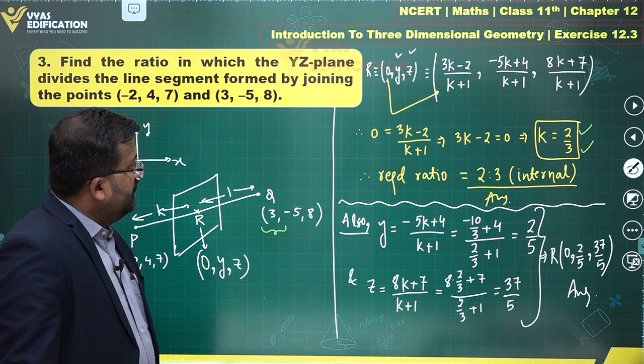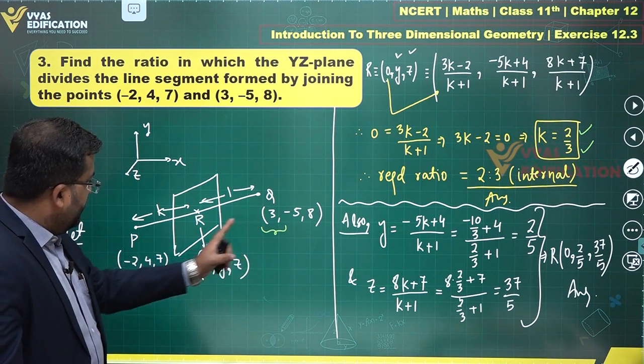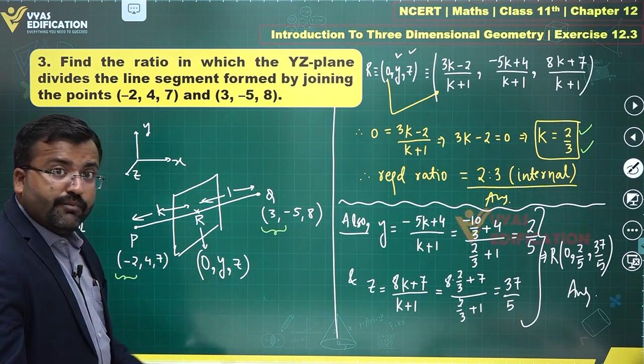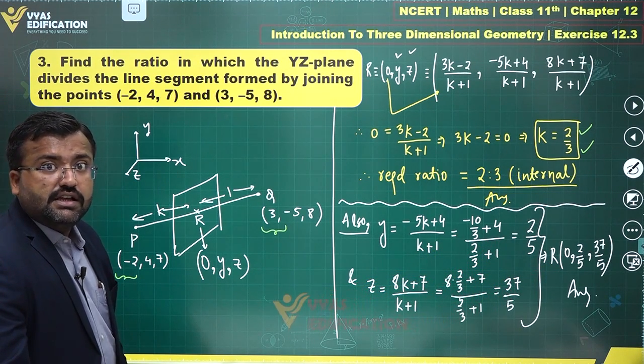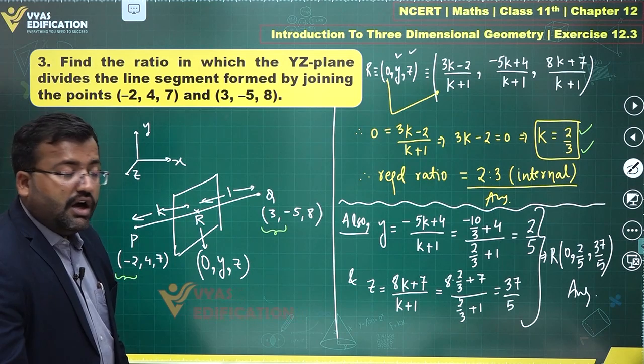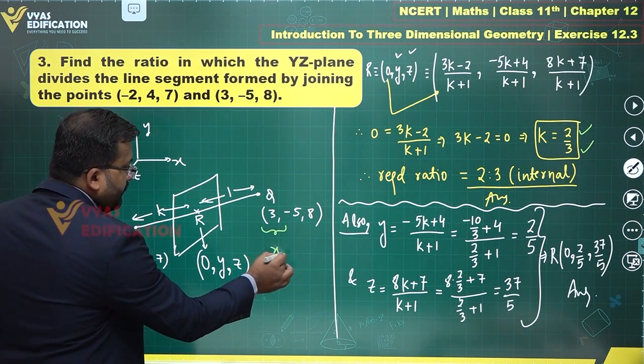Okay. So will the YZ plane divide P and Q in the ratio of x1 is to x2 with a minus sign? Yes, this is always true. How can you be so sure? Let this be x1, this be x2.